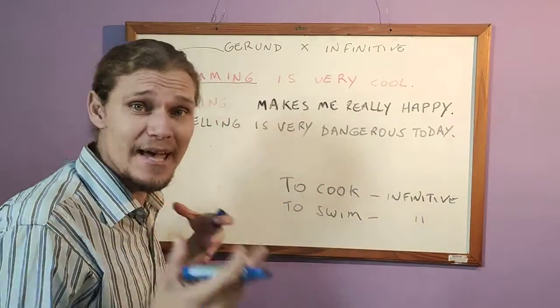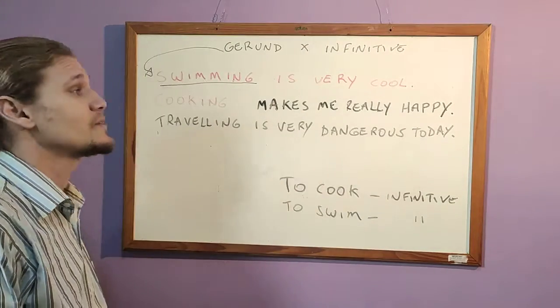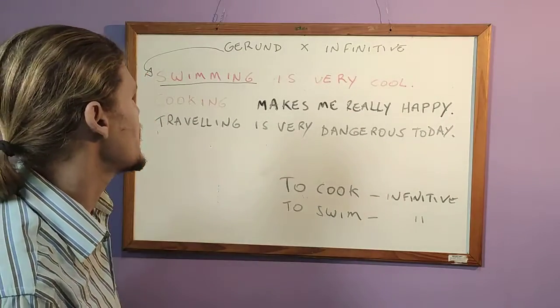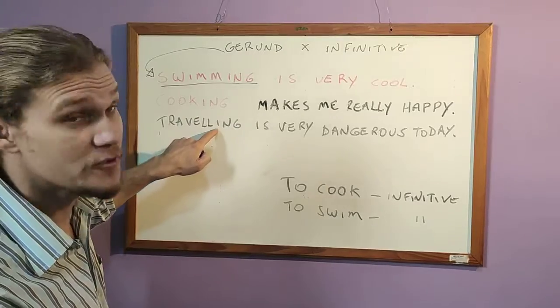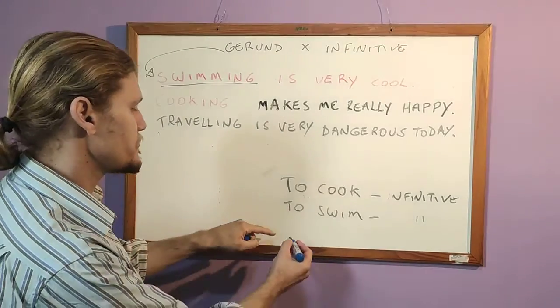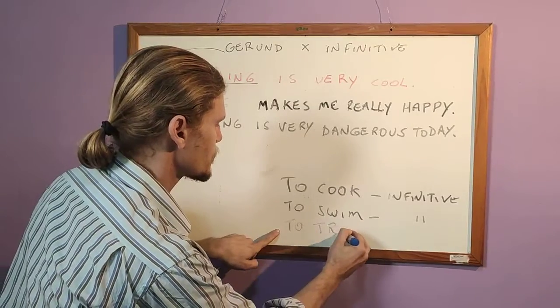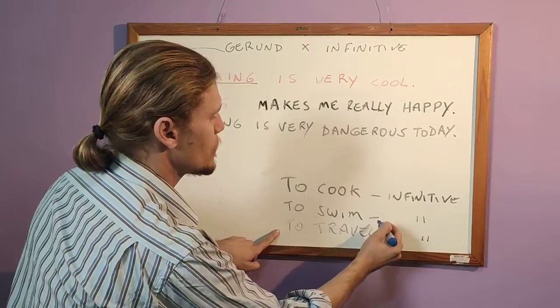Because of the pandemic. You know, we've been facing this for almost 2 years now. Alright, so this is ing for the verb to travel. So the infinitive form is to travel. Also infinitive.